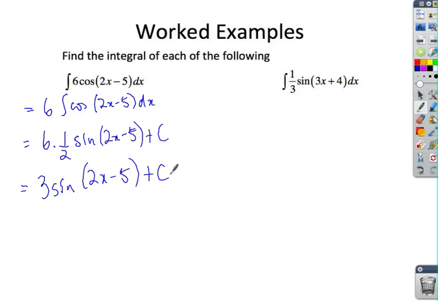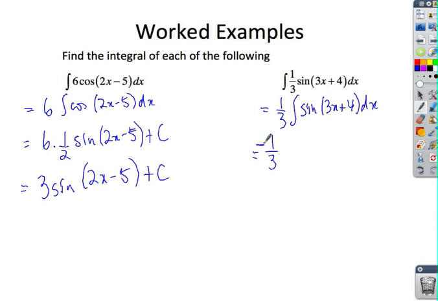Alright. The other example here, again, if you want to use the constant multiple rule, you can take out the 1/3, and then it just becomes the integral of sine 3x plus 4 dx. Again, we'll apply the integral rule for sine, which is negative. I'll put the negative right out in front. The 1/3 is the coefficient from the original question.